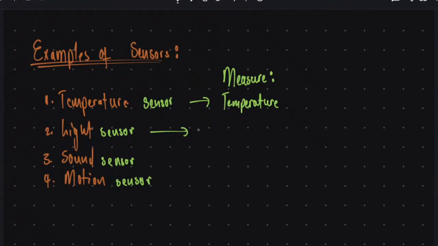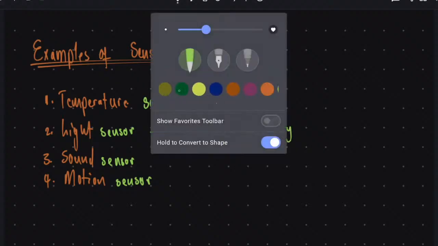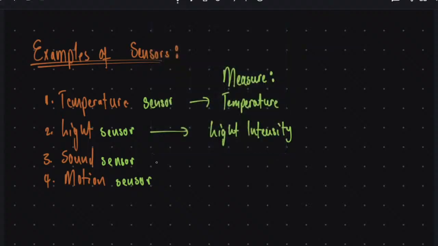The light sensor detects light. You can say it detects light, or it measures light intensity, which is the amount of light reaching somewhere. Then we have the sound sensor. It checks the sound levels.